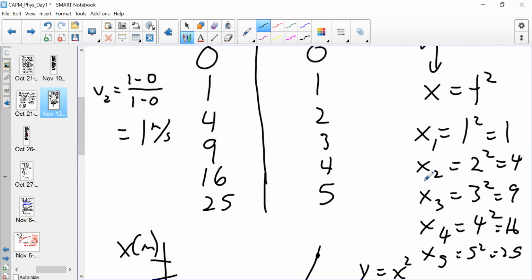Now for the third velocity, it's going to be 4 minus 1 over 2 minus 1. And that's going to be 3.